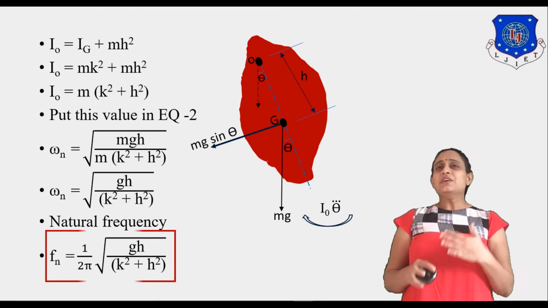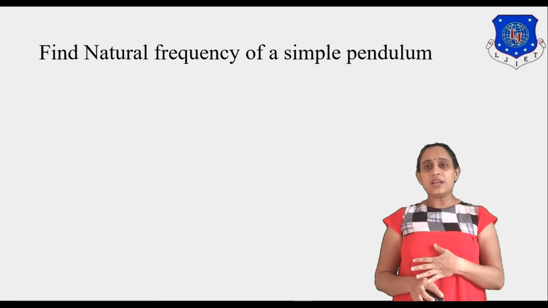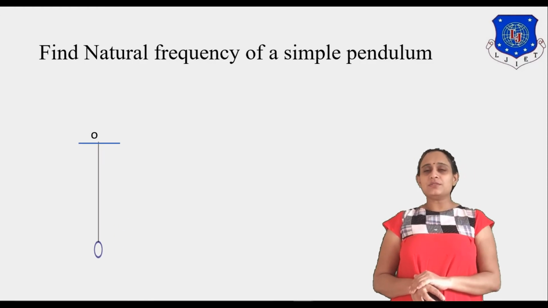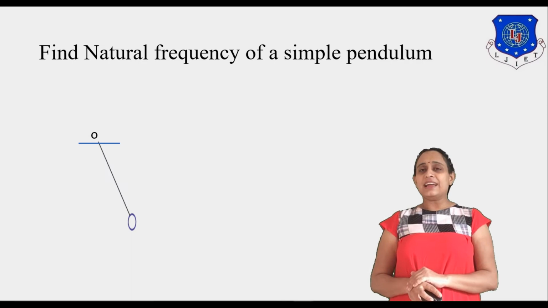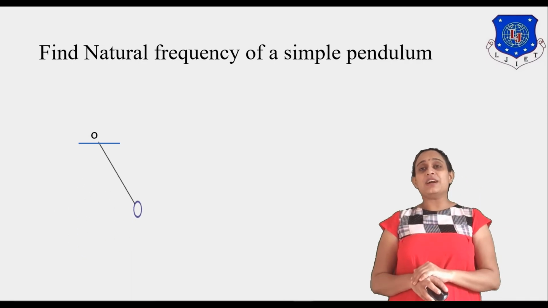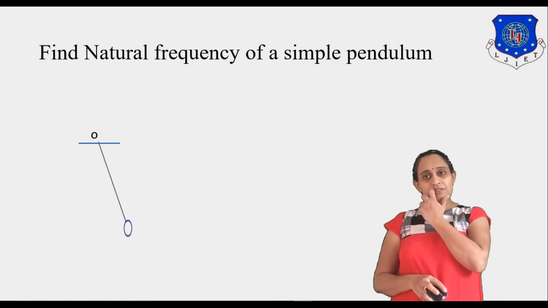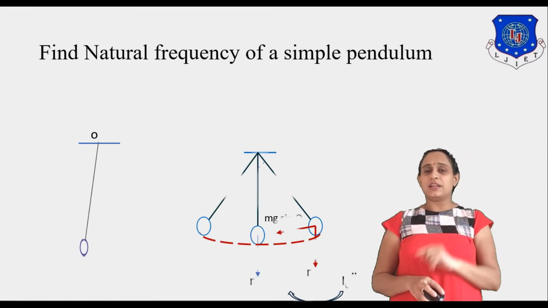Now let us find the natural frequency of a simple pendulum theory. So now let us have our simple pendulum. O is the point of oscillation. M is the mass of the pendulum, and the length of this pendulum we are considering as L. The total weight applied on this system is mg, in the downward direction.